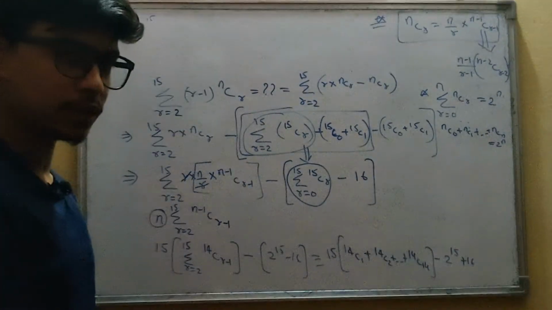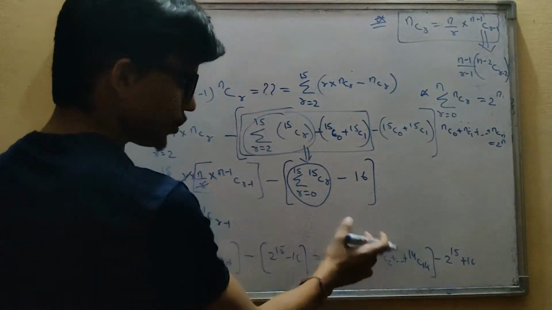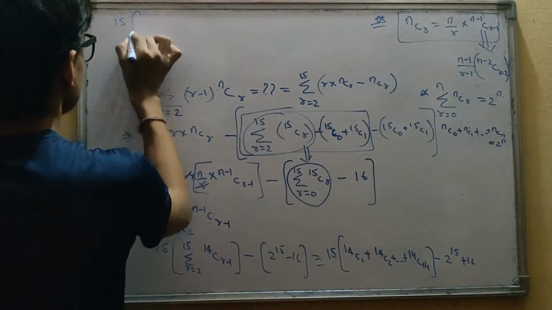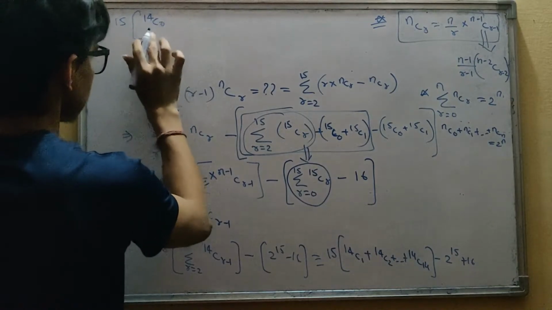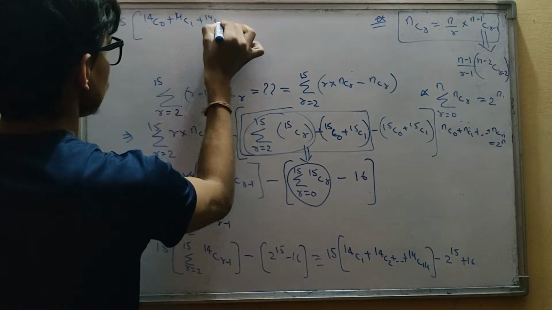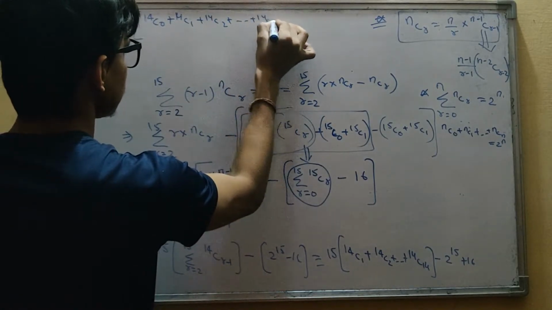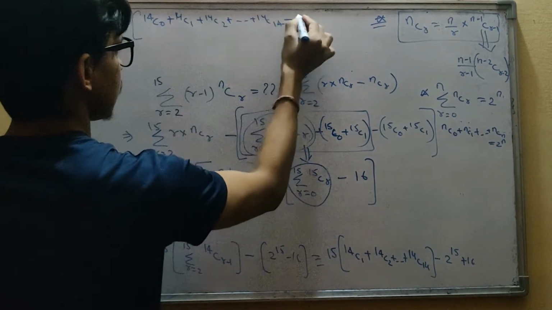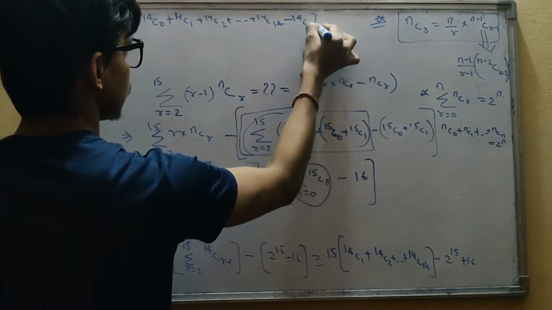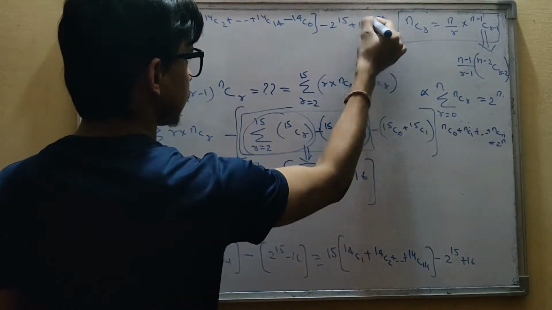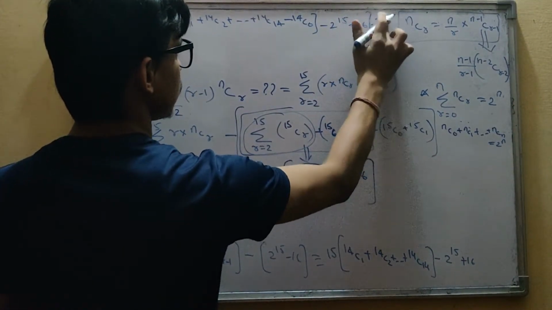So what we can do is add 14c0 and subtract it as well. So I can write it like this: 15 multiplied with 14c0, it is not here but I am writing it, 14c1, 14c2, and so on, 14c14. Now I am going to subtract this one, because I have added it additionally, so I am going to subtract 14c0, and minus 2 to the power 15 plus 16. So this is what it will become.